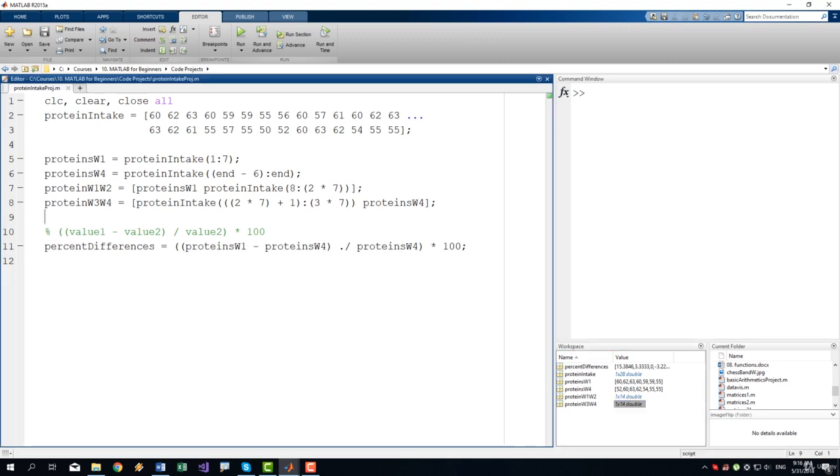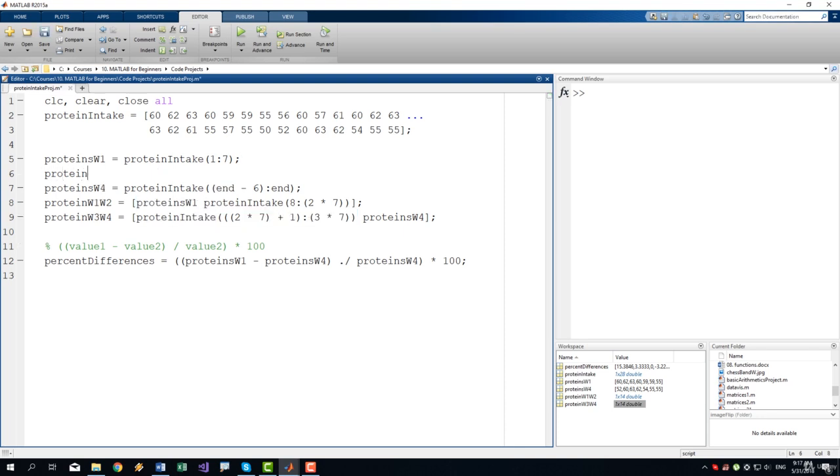Now, we can extract these weeks out of the concatenation here, so that it's more clear exactly what they do, but I just wanted to show you that you don't have to always extract them into separate vectors. It's a very good practice, you probably should do it all the time, but you don't have to. You can directly, inside the concatenation operation, define exactly what you want to extract from some other vector.